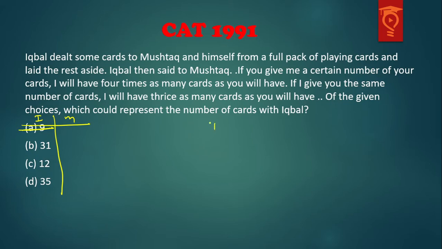If Iqbal has 31 cards, now to become a multiple of 4, Iqbal can add a minimum of 1 card, hence making it 32, and 32 is 4 times 8. That means Mushtaq now has 8 cards. That means initially Mushtaq had 9 cards. So when 1 is transferred, they became 32 and 8, 4:1.